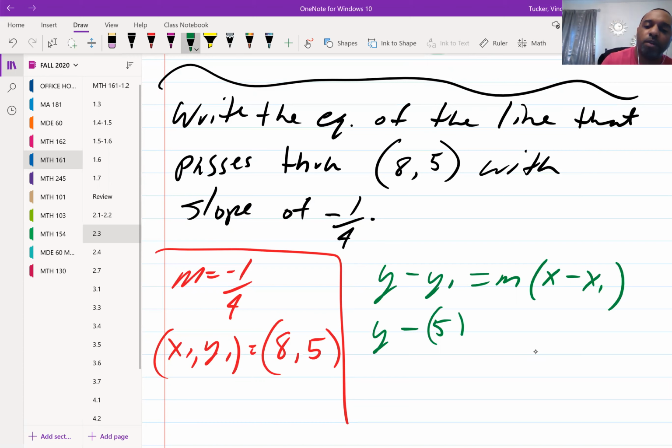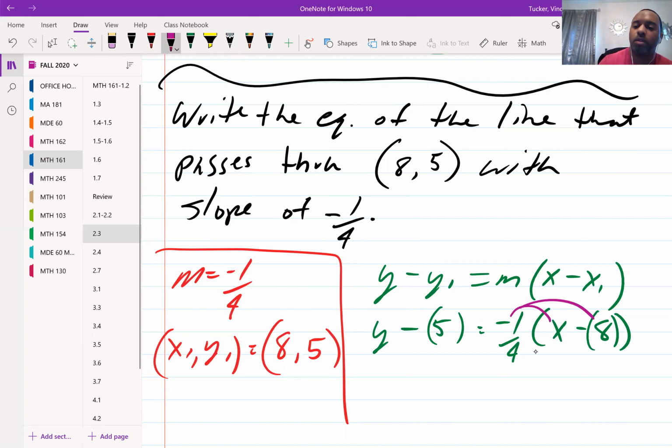We plug it in: y1, negative 1/4, and then we're plugging in 8. So now we're going to distribute. Be careful here, that's negative 1/4 times negative 8/1.